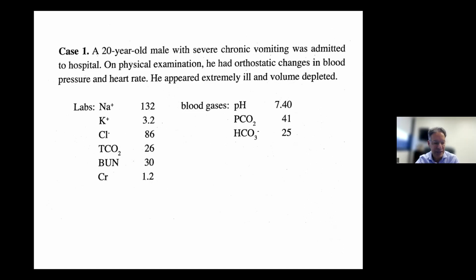Okay, here's an interesting case. It's a 20-year-old with severe chronic vomiting, admitted to the hospital with orthostatic changes, and the patient looked volume depleted. And here are the numbers: pH 7.4, PCO2 41, bicarb 25.